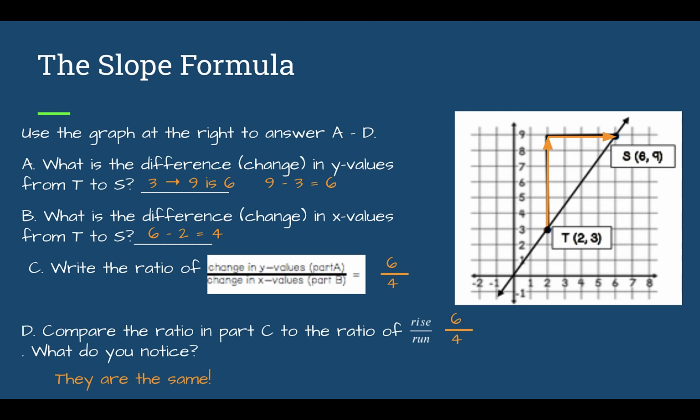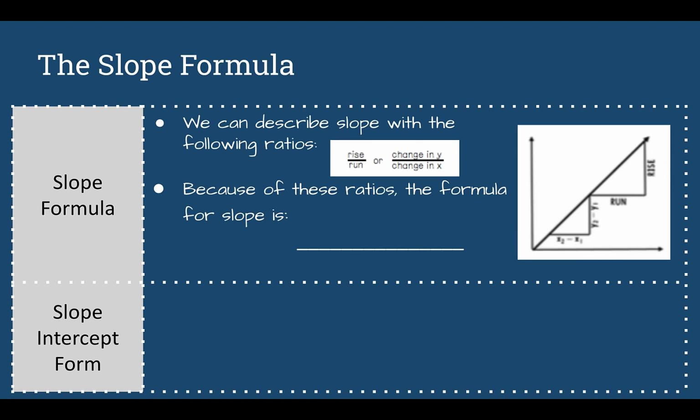Both of these methods work for finding your slope. If you're someone who just wants to subtract, go for it. If you're someone who wants to count how many spaces you moved, go for it. They're going to get you the same answer. Our slope formula then we can describe as either rise over run or our change in y over our change in x.